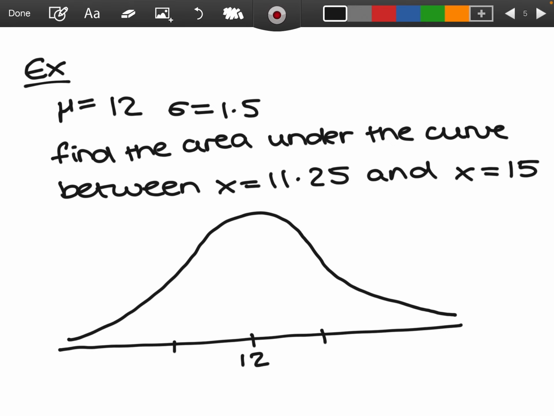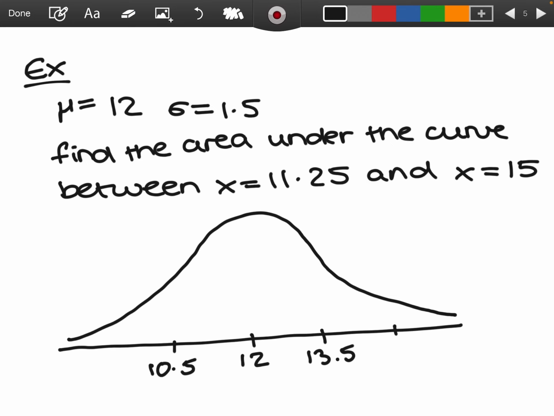So our mean is 12, so 12 is in the middle. Let's plot out at least one standard deviation or two standard deviations either side of the mean. So one standard deviation above would be 13.5, one standard deviation below would be at 10.5.